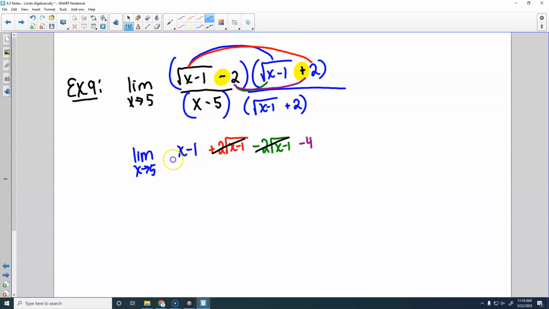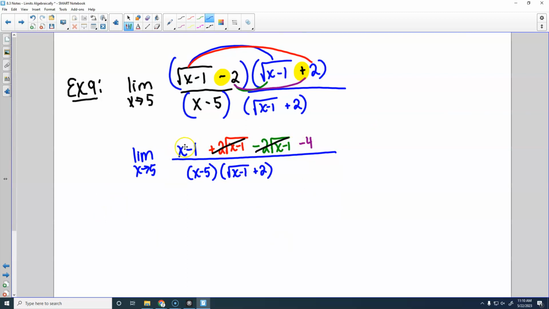But you can. Don't multiply the denominator together. Make sure you keep square roots and parentheses around it, because you want it to cancel.